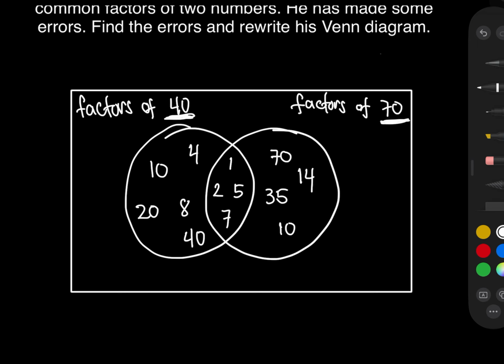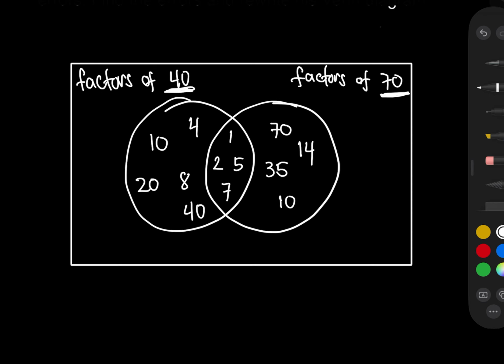So what are the factors of 40 in the first place? The factors of 40 are 1, 2, 4, 5, 8, 10, 20, and 40.